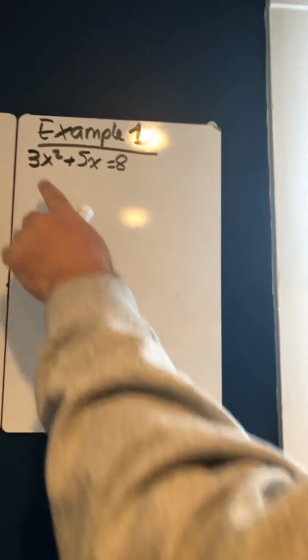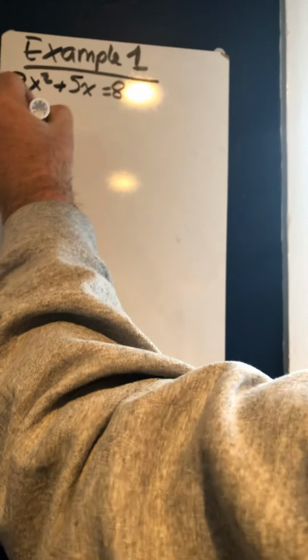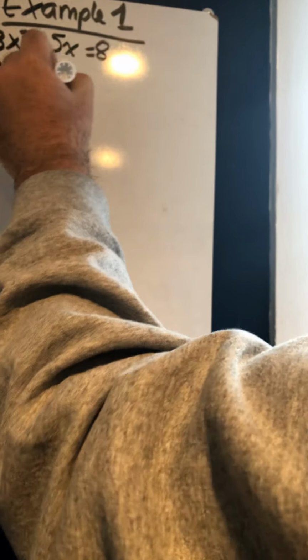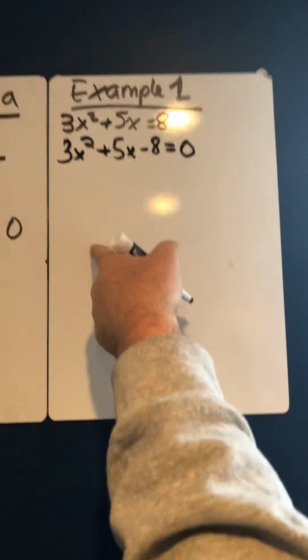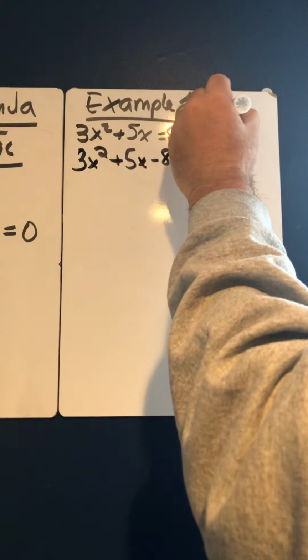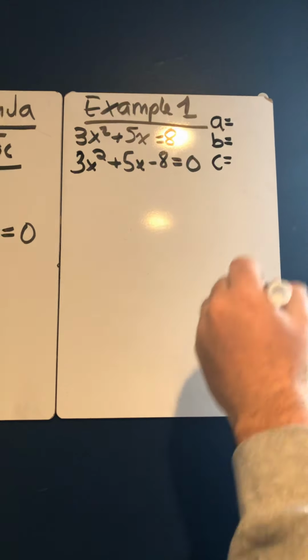So over here, here's how you use the quadratic formula. The first step is you must set it equal to 0. So 3x squared plus 5x minus 8 equals 0. After it's set equal to 0, that's where you want to identify your a, your b, and your c.